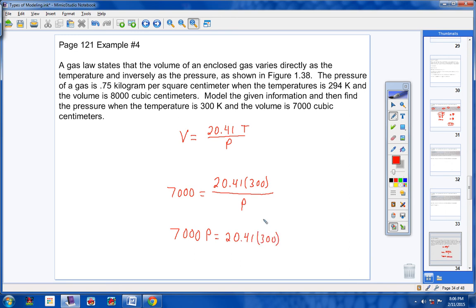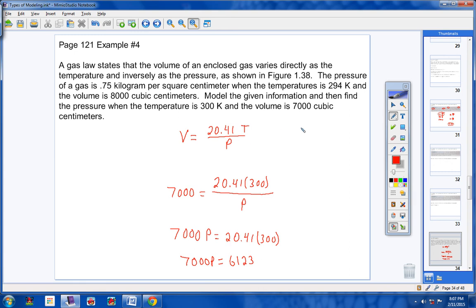With my calculator, 20.41 times 300 gives 6123. And over here I still have 7,000 P. Now divide both sides by 7,000, and you're going to get 0.8747.